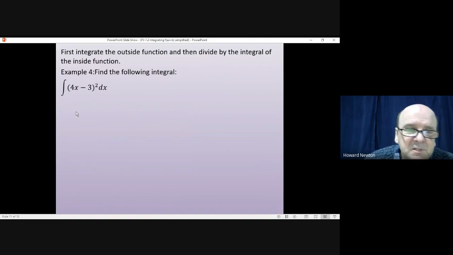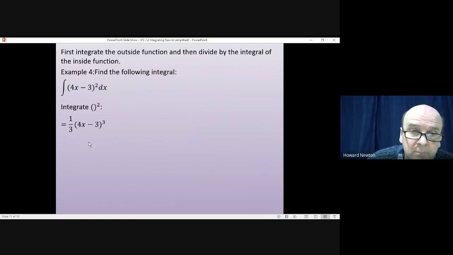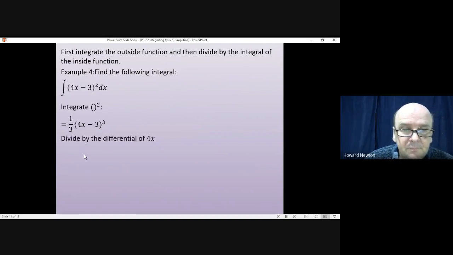Okay, let's have a look at this. It's an important type of example, this one. First of all, it's the squared that we're going to have to integrate. So the power will go up by 1 to 3, and we'll have to divide by the new power. So we'll have 4x minus 3 cubed, and then divide by the new power, so divide by 3. Then we also need to divide by the differential of 4x minus 3.